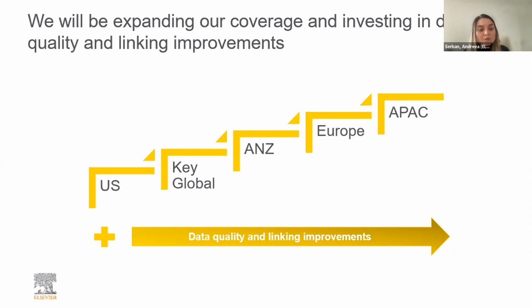Also, there is a continuous effort to improve the quality of the links, the quality of the data, and the quality of our linking capabilities. We are working on enhancing our machine learning capabilities to have a better extraction of the funding data, of the funders, of the grants.